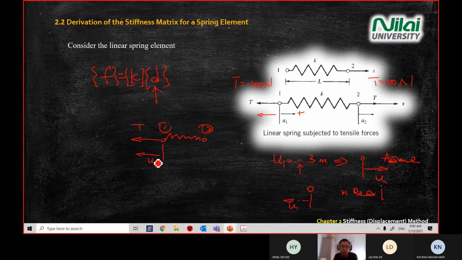And if you redraw your system in this direction, your answer U1 will be a positive value. You get the concept? Why in this case we use negative? Why in this case we use positive?